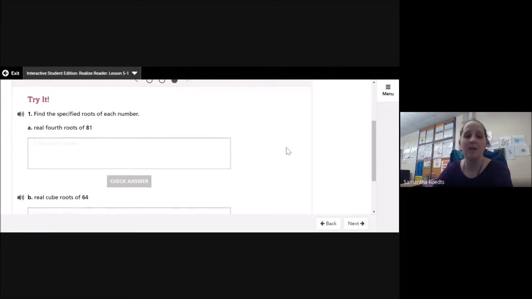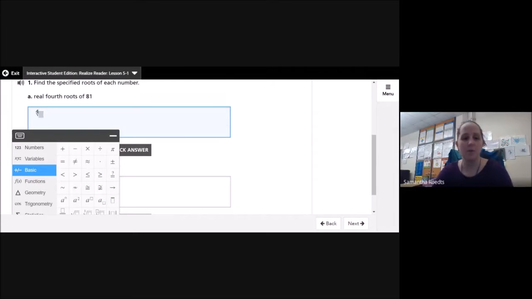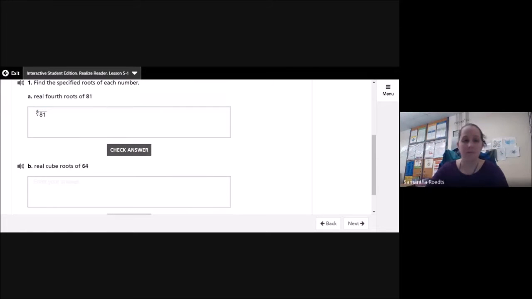All right, so let's try it. Find the specified roots of each number. I want to find the real fourth roots of 81. Here's my radical, and this is the fourth root, so my index is 4 and my radicand is 81.